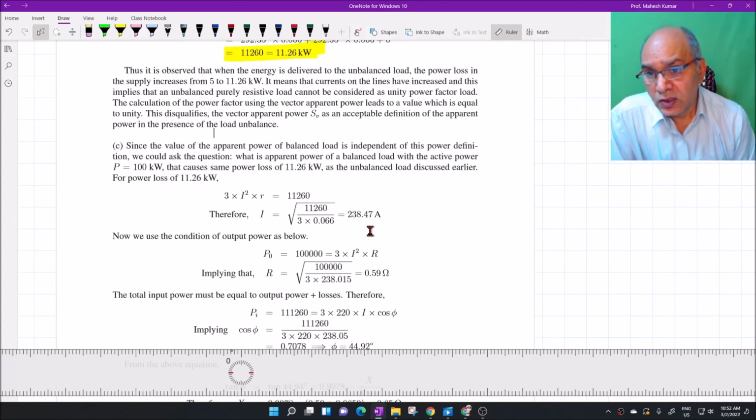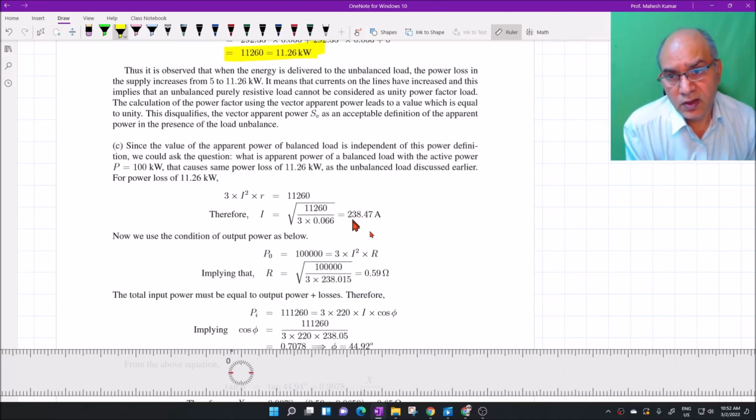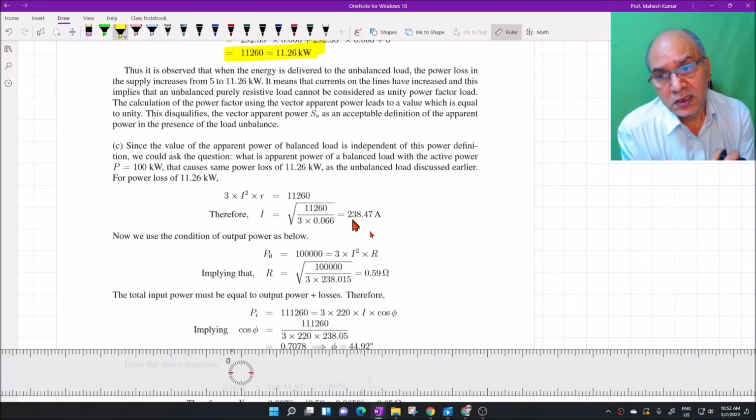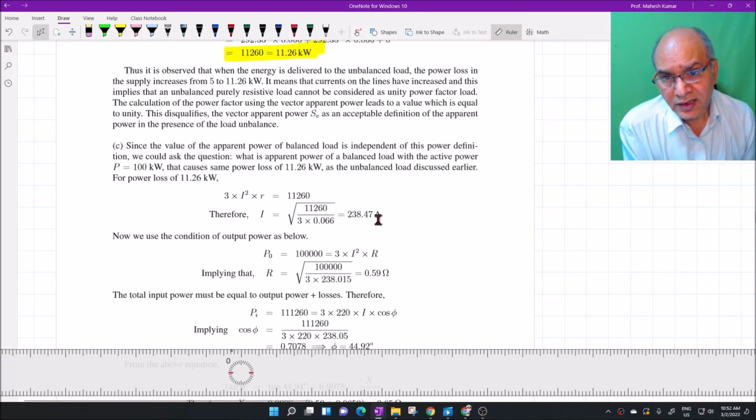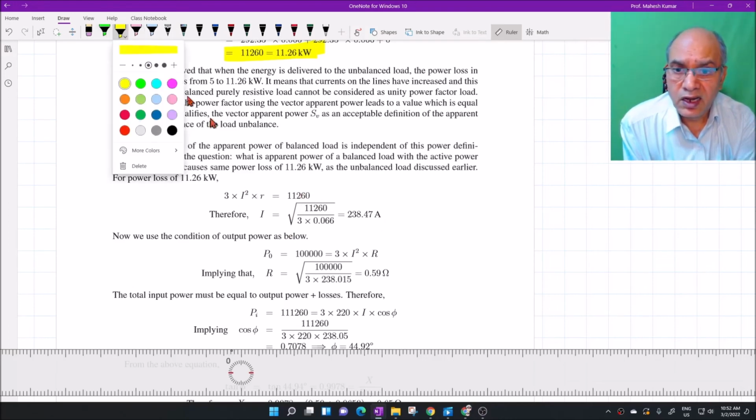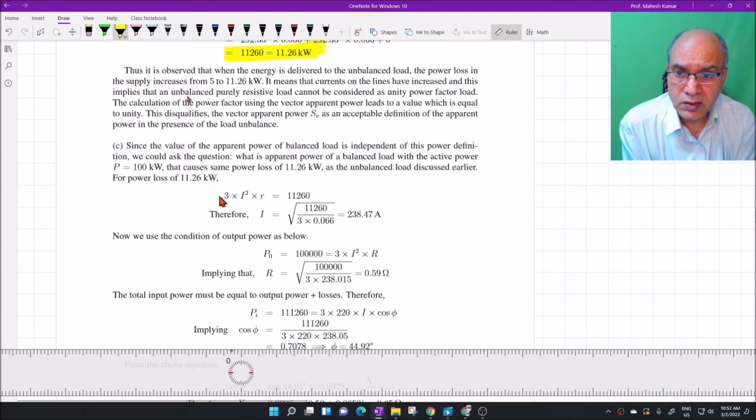Okay, so let us say that there is an equivalent circuit, or a balanced circuit, for the B part of the question. Then the losses are 11.26 kilowatt, so 3 I square R will be 11,260, and this will give the value of I. So I will be 238.47.